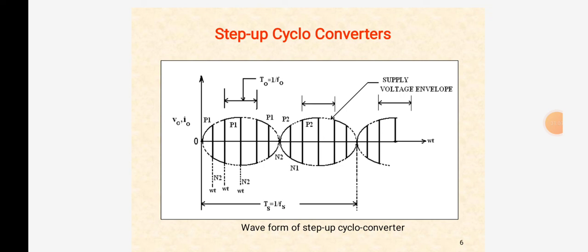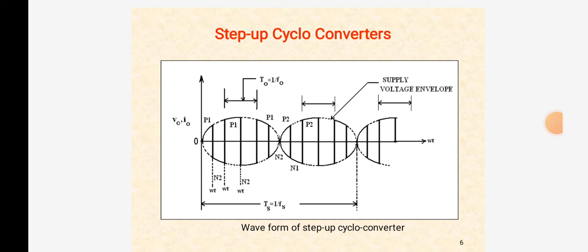At omega t equal to pi, the thyristor N2 is force commutated and the forward biased thyristor P2 is turned on.